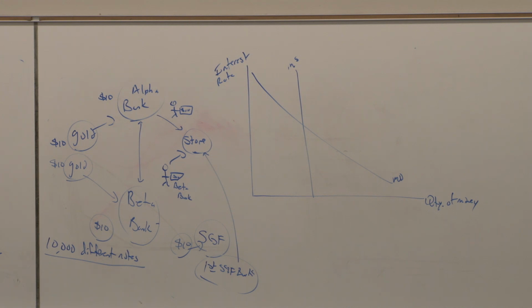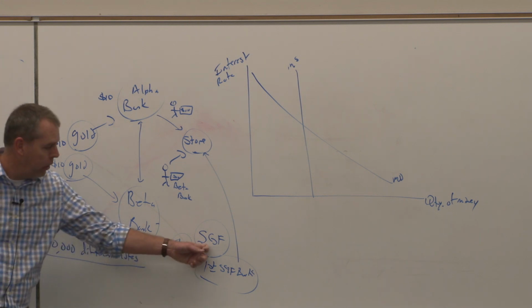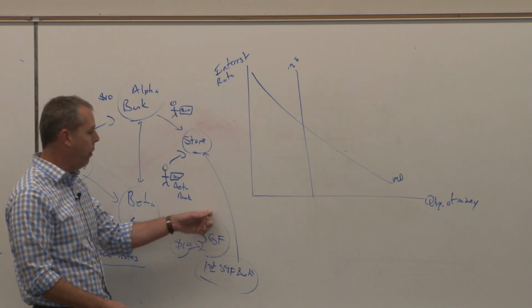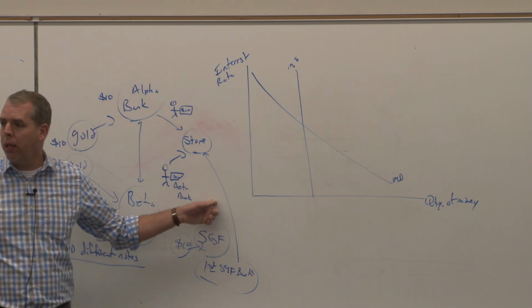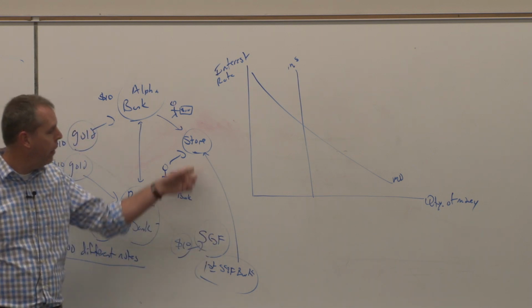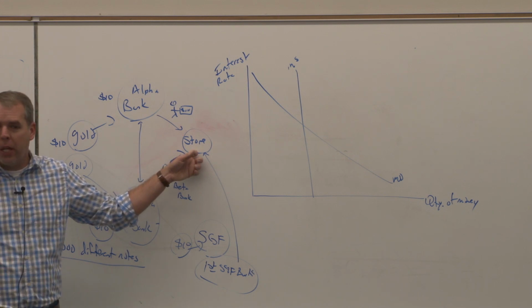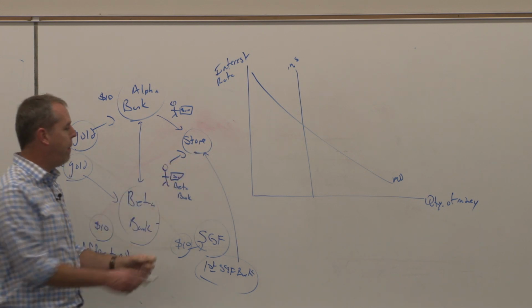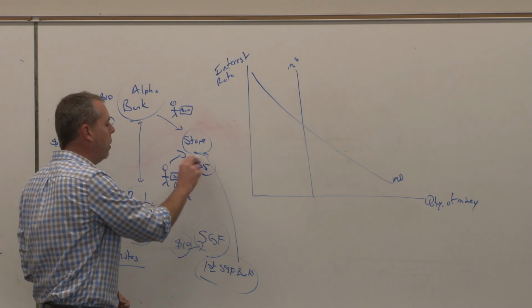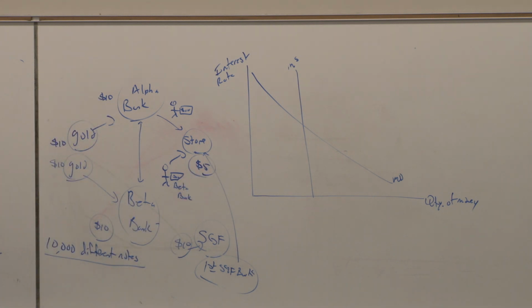The value of your $10 is really good here in Springfield, but as you go farther and farther away, it becomes worth less and less. You take this $10 note to the store here, he might say, I've never heard of that, I'm only going to give you $5 worth of goods and services for it. And he's going to give $5 for this one. He's going to give $7.50 for this one.